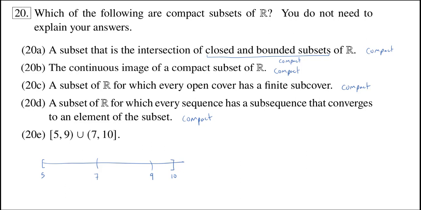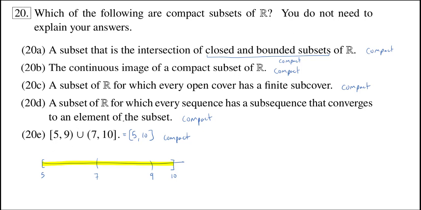Now, since we're taking the union of these two, we get everything that's in either one of them. And so, in fact, this is just the closed interval, 5 to 10. Well, it's closed, it's bounded. Hey, it's compact. So, in fact, every single one of these subsets of the real numbers is compact.